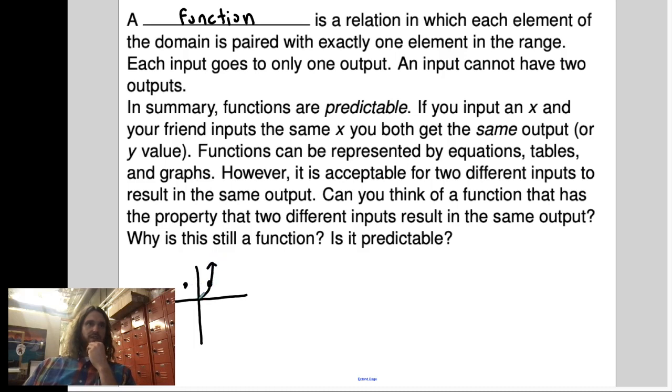These kind of functions, there would be 2 inputs that would have the same output, right? Just like 2 trays can have nacho cheese Doritos in the vending machine. That's okay. Still a function. That is just fine. This is a quadratic or a parabola. Is this predictable? Yes, because every input has a place to go and only one place to go.